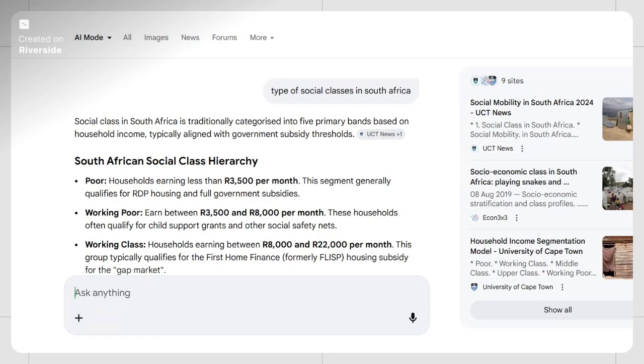So we've got the poor, households earning less than 3,500 rand per month. This segment generally qualifies for RDP housing and full government subsidy.